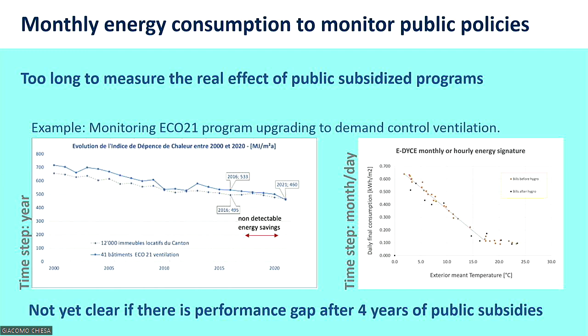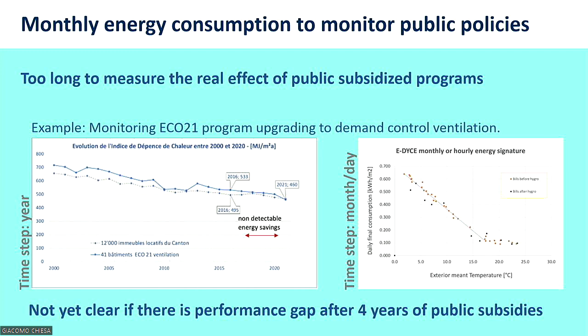Then we tried to see the yearly energy savings, and during 4 years we don't really see very clear energy savings if we compare the groups by annual energy consumption. So it's a problem. It's a good idea to compare the annual to see if you reach your objectives, but it takes too much time.